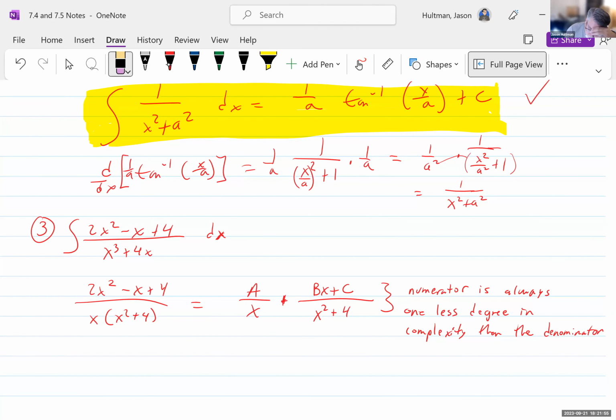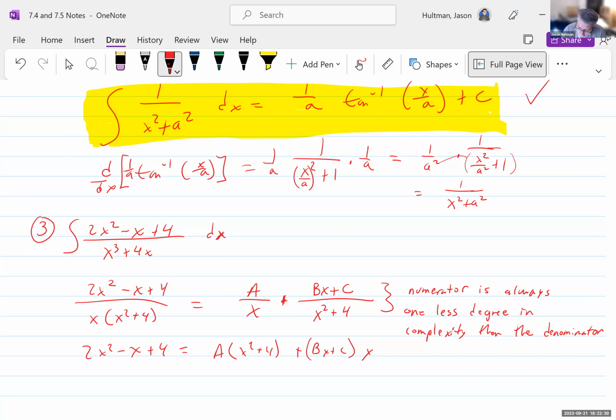Okay, so if I multiply through and clear my fractions, I get 2x squared minus x plus 4 is equal to a times x squared plus 4 plus bx plus c times x. I just multiplied both sides of the equation by x and x squared plus 4. In this case, I can't do the Heaviside technique because it's going to fail me.